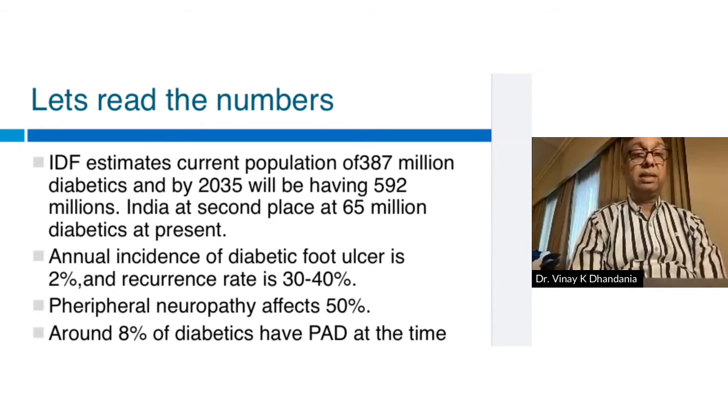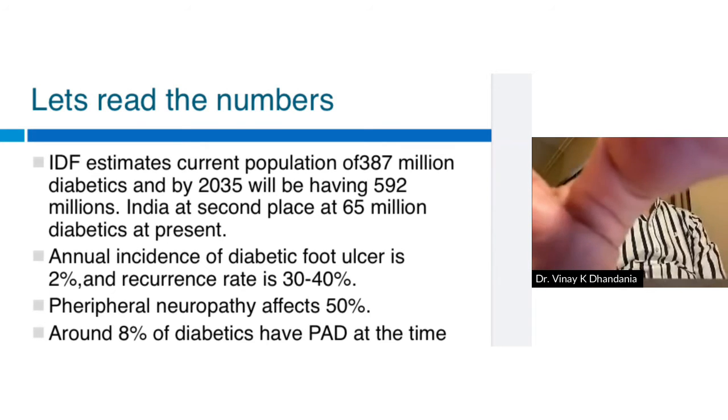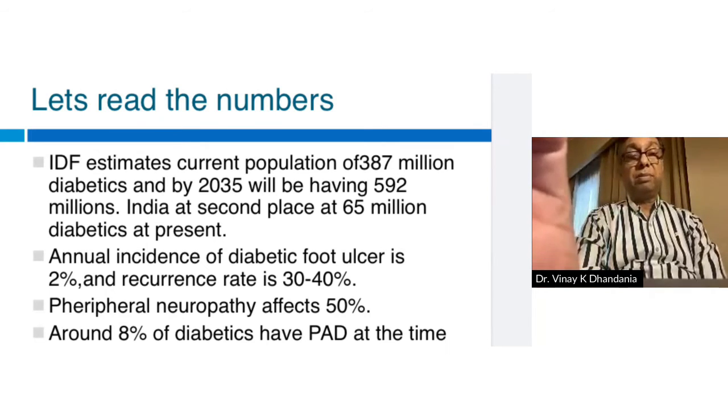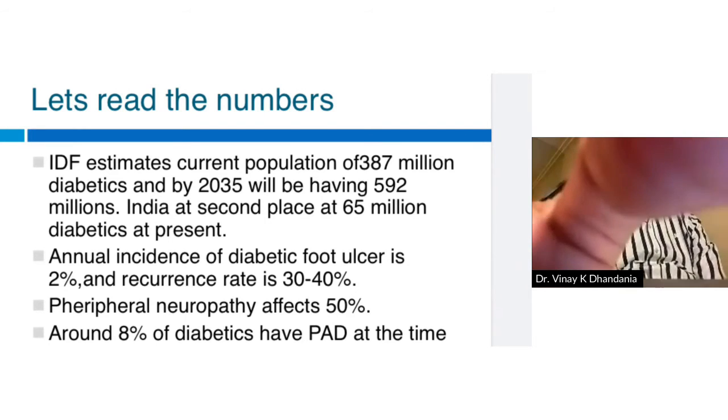The annual incidence of diabetic foot ulcer is 2%, and the recurrence rate is 30 to 40%. Peripheral neuropathy affects 50%, and around 8% of diabetics have peripheral arterial disease at the time. The biggest problem in our country is that peripheral neuropathy causes painless ulcers, which people don't care about unless they land up with serious complications.